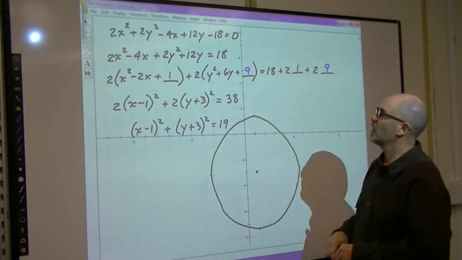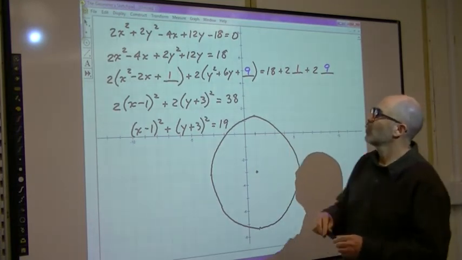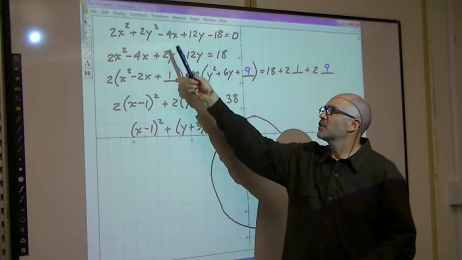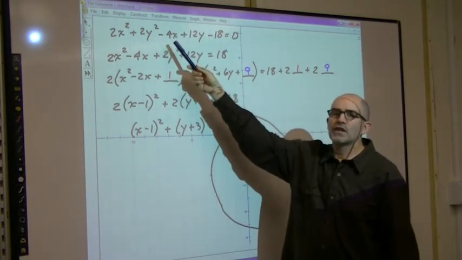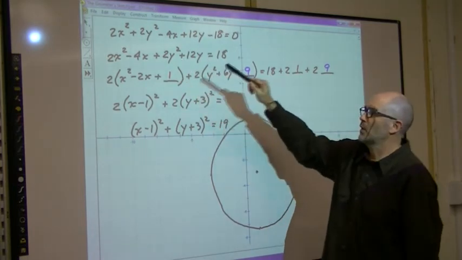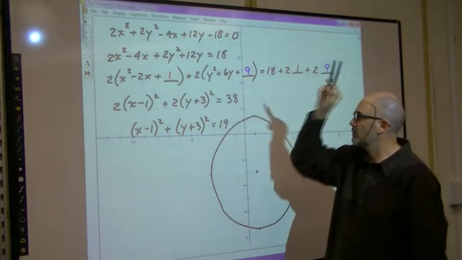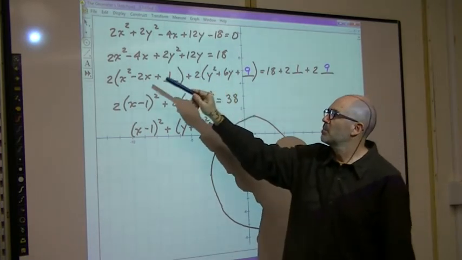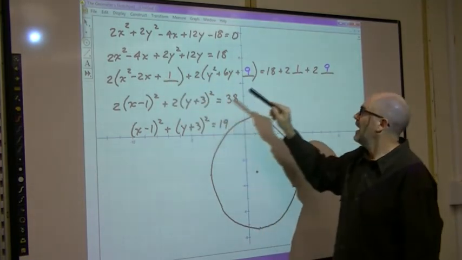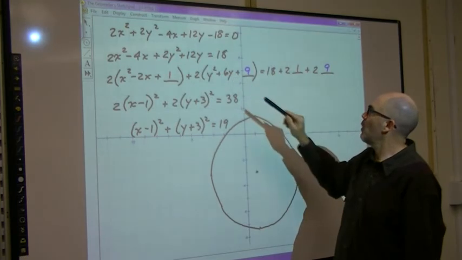And so all we do is factor out the coefficient of x squared and y squared. In this case, we could just divide it out all at once, but I divided it out at the end here. But then complete the square with the x's and complete the square with the y's.